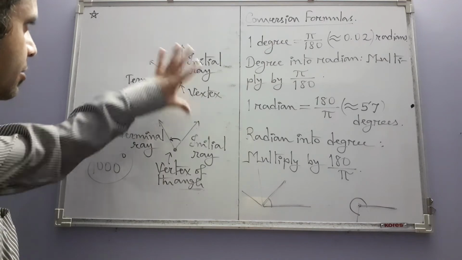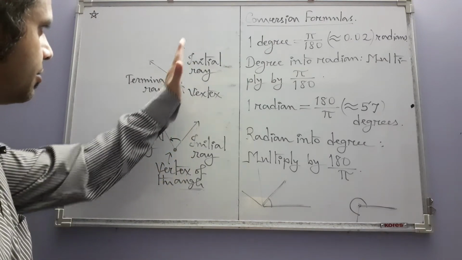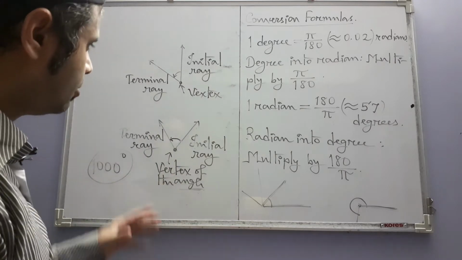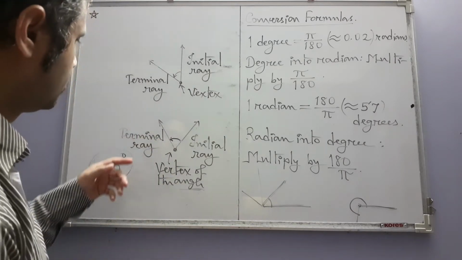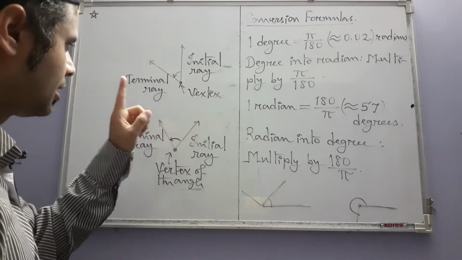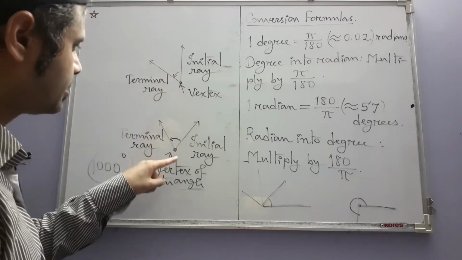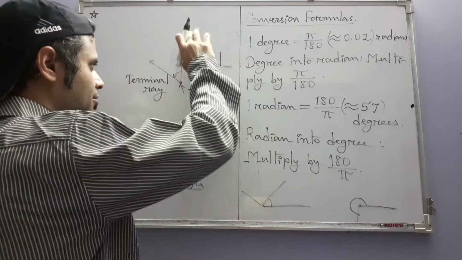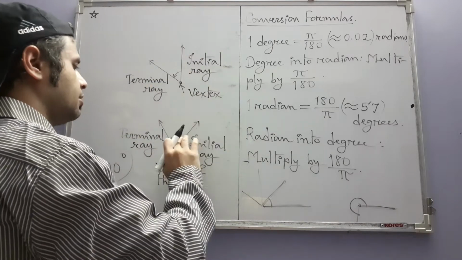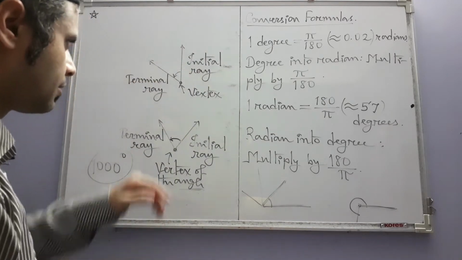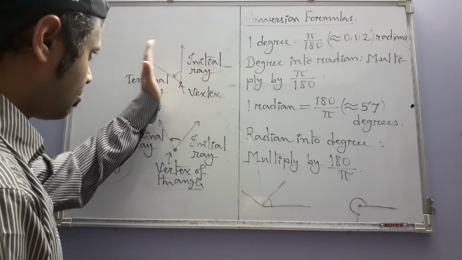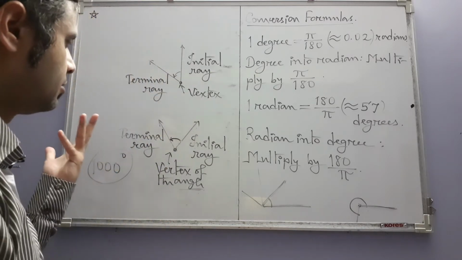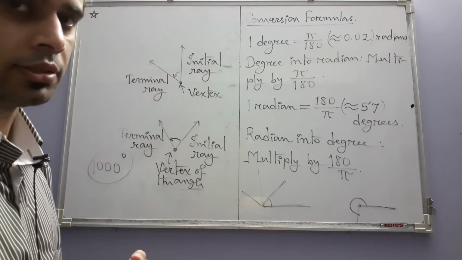Now if you look at these two things, and for a moment let's assume that these two are the same amount of rotation, they actually look like two different things. For one, the two vertices are actually two different points on this board. The initial lines are different, their directions are different, the terminal lines are also different, but as far as that amount of rotation is concerned, these two things are actually representing the same rotation.